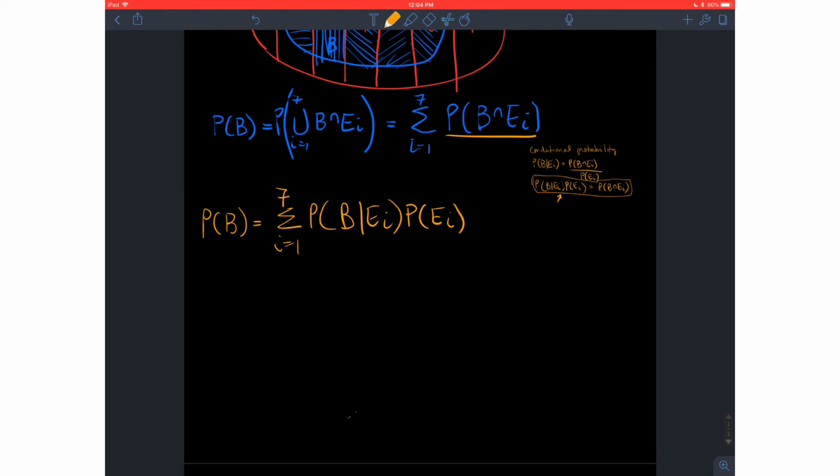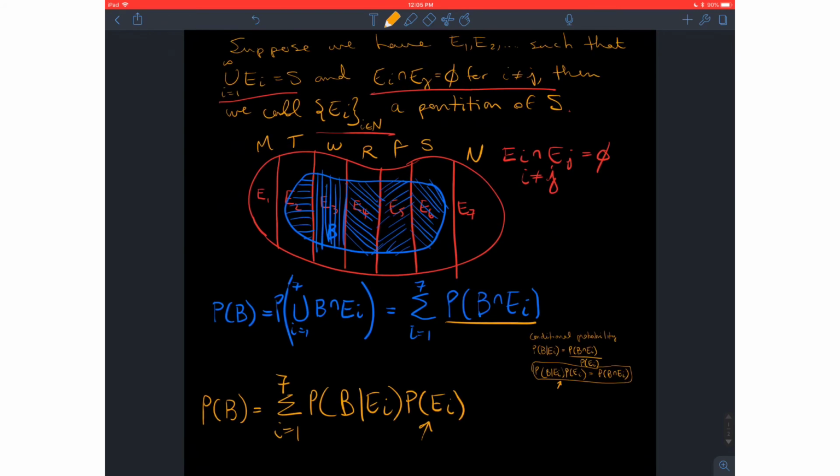And let's say that the likelihood of being on any given day is equal, so that's equiprobable, so this is just going to be 1 over 7. But the probability of B given Ei, let's say him getting lunch, might be 0 on a Monday because he has a meeting. So on that day he has a meeting, so there's no chance.